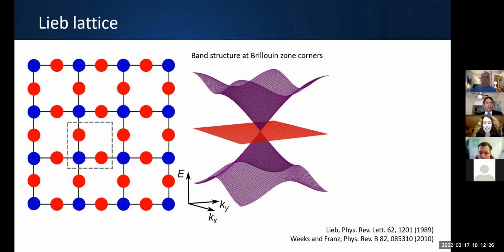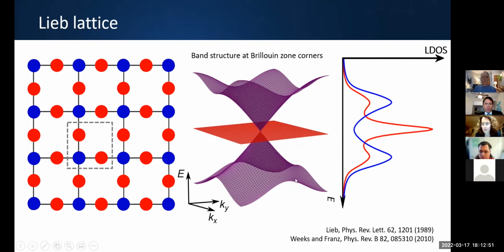Interactions are what is needed to create superconductivity or other interesting phenomena. For superconductivity, two electrons need to interact such that they form a Cooper pair, and that is the basis for superconductivity. So we are looking for those flat bands, and we want to know if they really exist in such Lieb lattices.